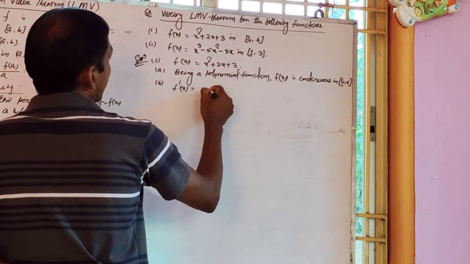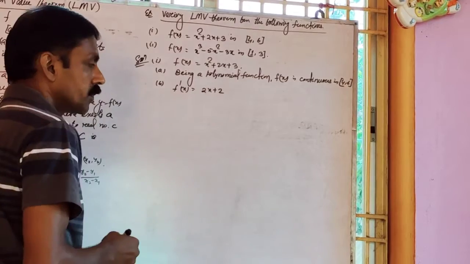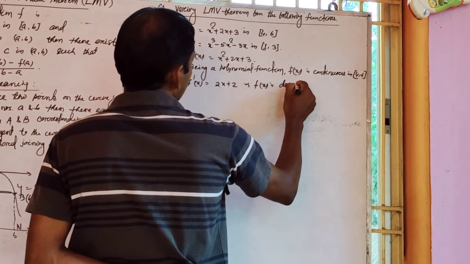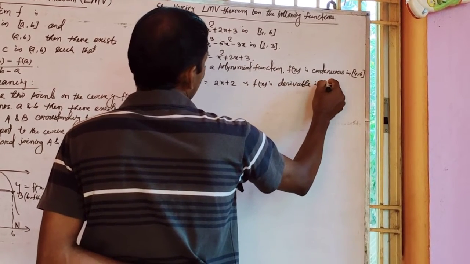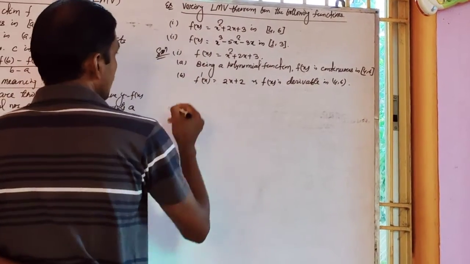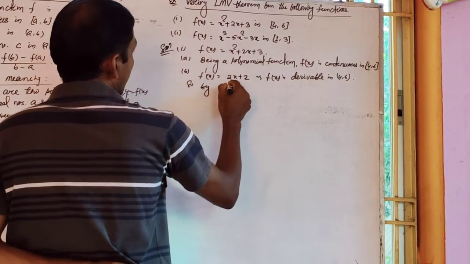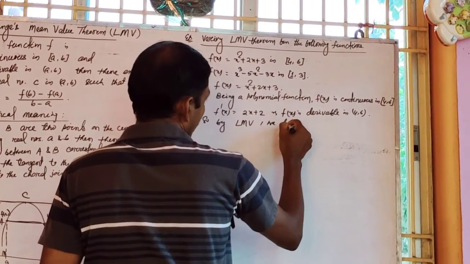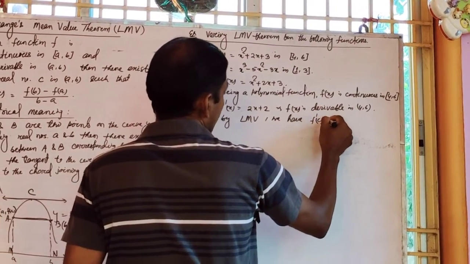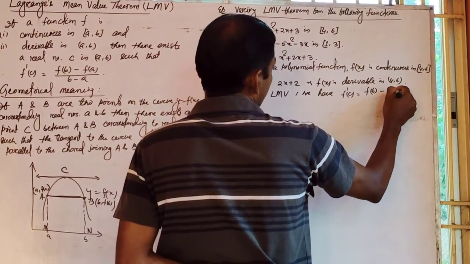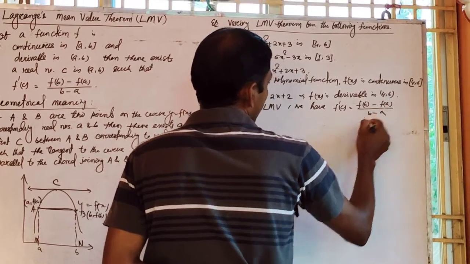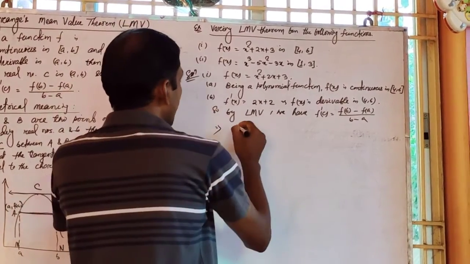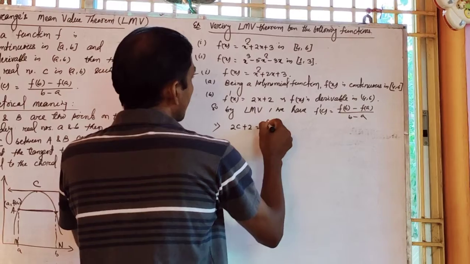So f dash of x will be 2x plus 2. That means f of x is derivable in the open interval 4 to 6. So by the Lagrange mean value theorem, we have f dash of c equal to f of b minus f of a by b minus a. This implies, since f dash of x is 2x plus 2, f dash of c will be 2c plus 2 equal to f of b.